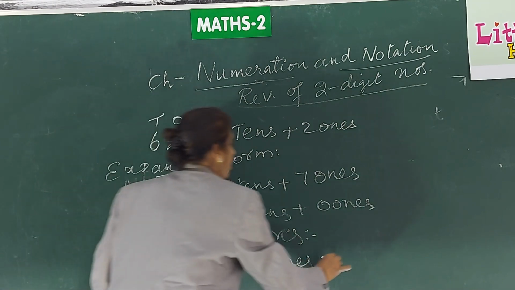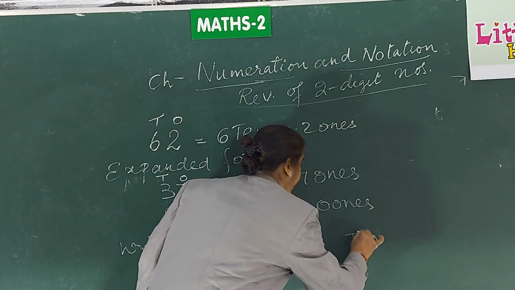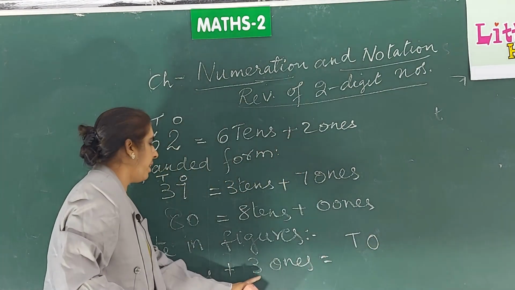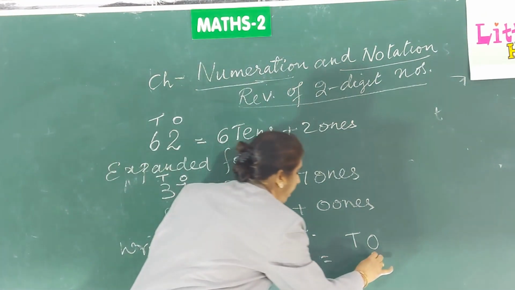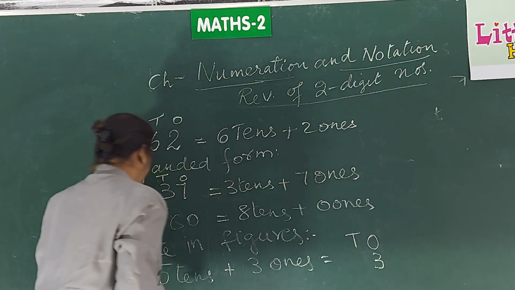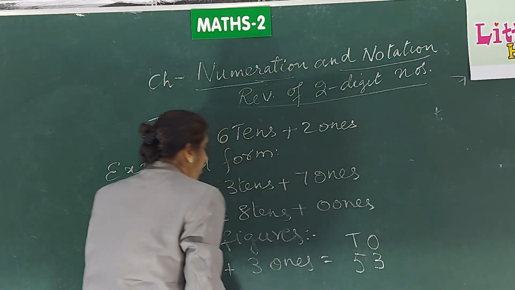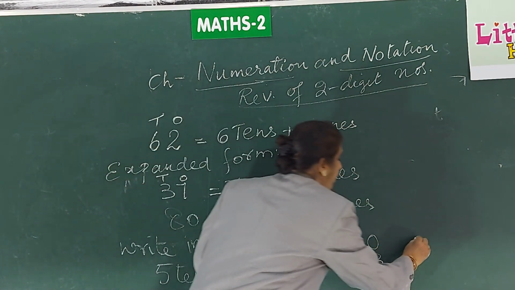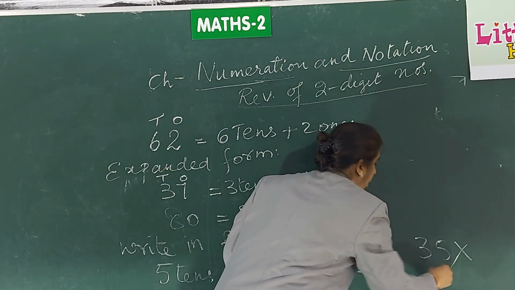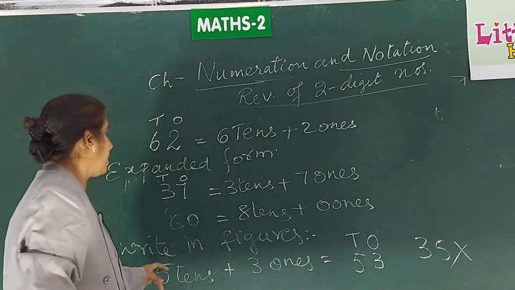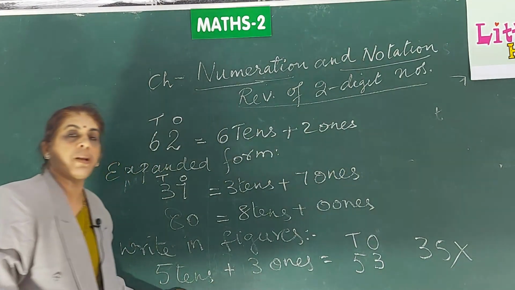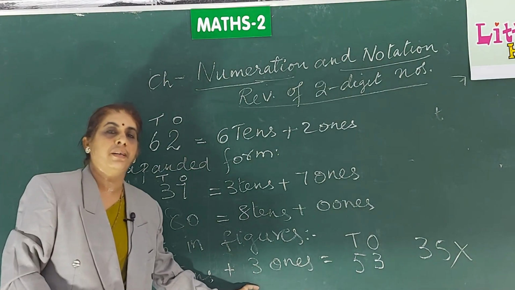So, ones, tens. How many ones are here? 3. 3 in the ones place and 5 in the tens place. You can't write it from this side as 35. That is wrong. You have to always start writing from the tens place in a 2-digit number.